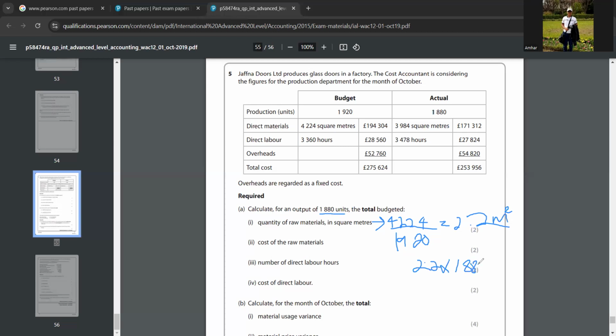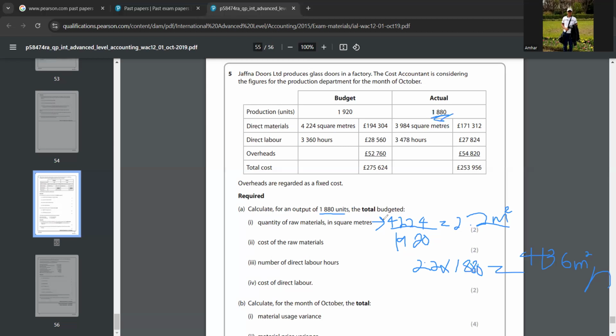Did you understand this part now? Yes, I understood that. So the first part is 4,136. You have to put the units too: square meters. So 4,136 square meters needed to produce 1,880 units.